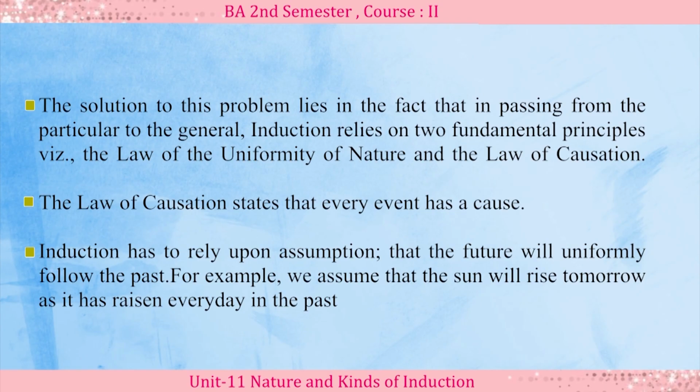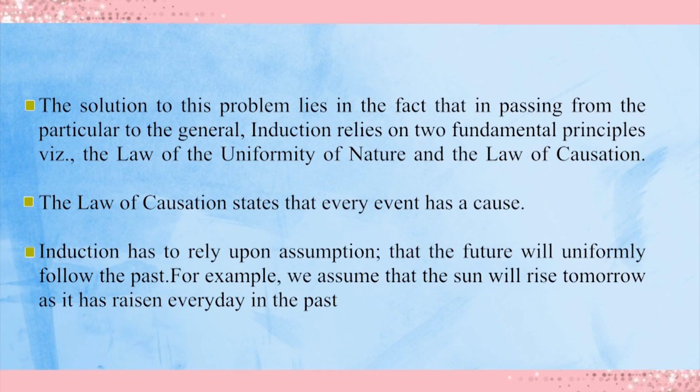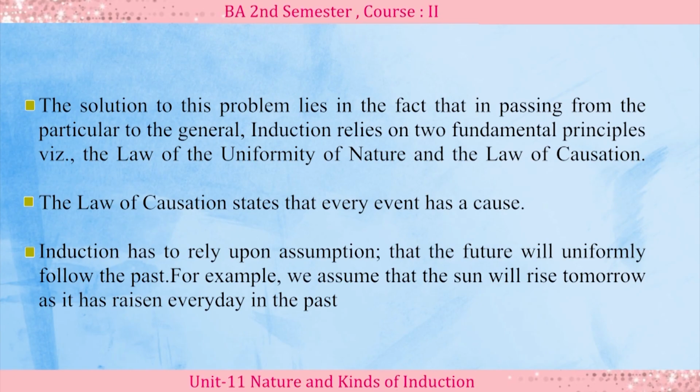So on the basis of those laws, induction tries to come to a general conclusion. Induction has to rely upon the assumption that the future will uniformly follow the past. For example, we assume that the sun will rise tomorrow as it has risen every day in the past.